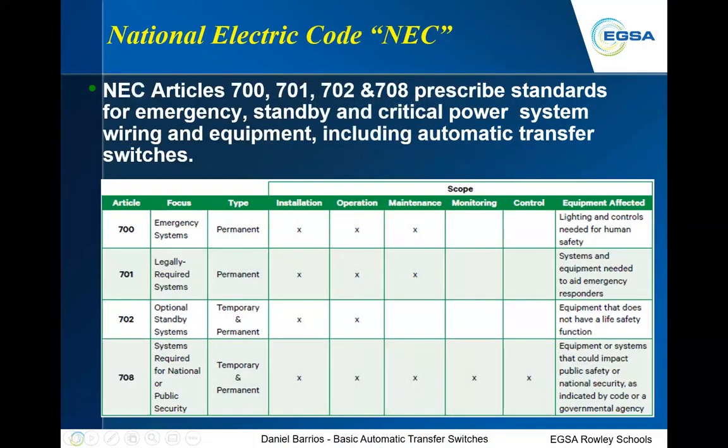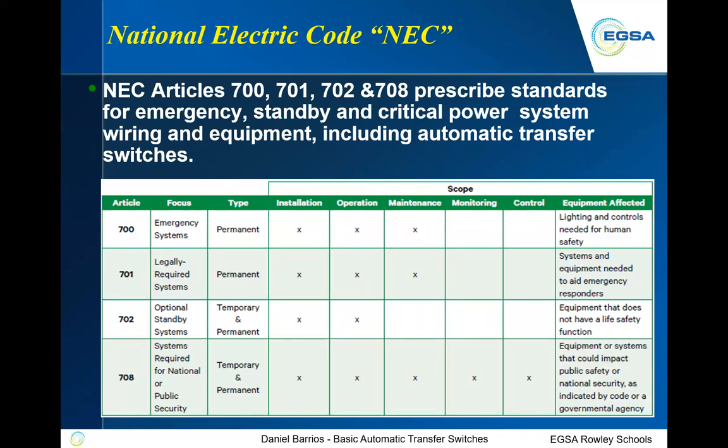So this is what I'm getting to here. If you can just take a look at this, this may or may not apply to some of what you folks are trying to understand, but these are all articles in the National Electric Code. That National Electric Code is NFPA 70. When you look at Article 700, that's an emergency system.